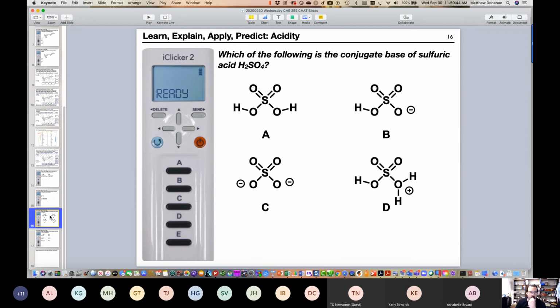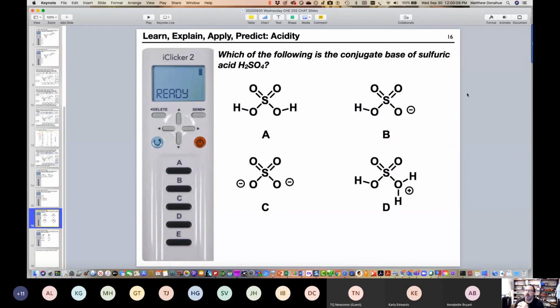So one last question. Which of the following is the conjugate base of sulfuric acid, H2SO4? So H2SO4 is a diprotic acid.